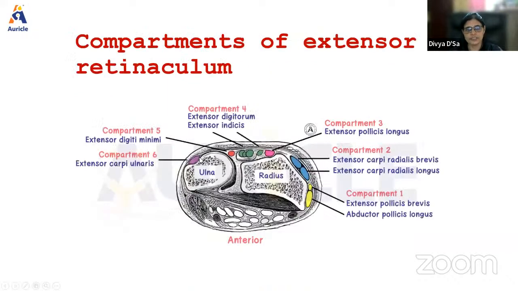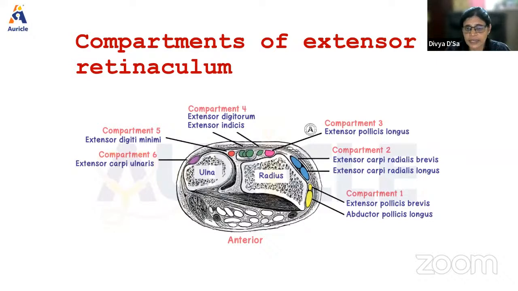In a section, we see it like this: first compartment, 2nd, 3rd, 4th, as well as 5th and 6th. Basically, in the extensor retinaculum, sometimes there will be a ganglion, because the posterior interosseous nerve passes beneath it and ends in a ganglion.